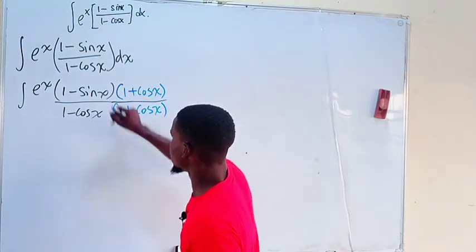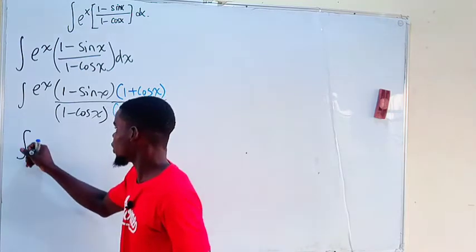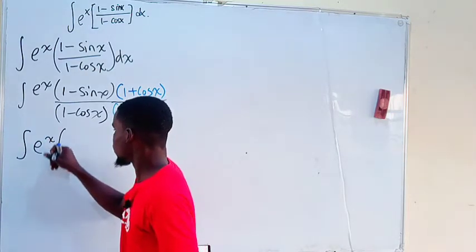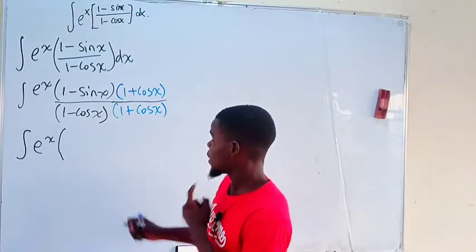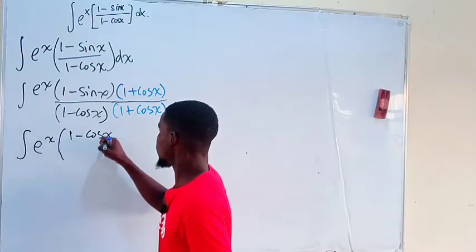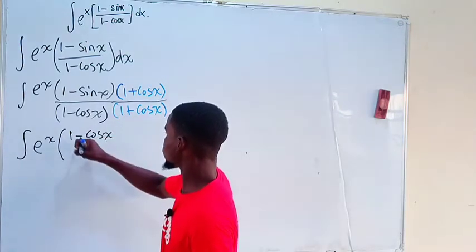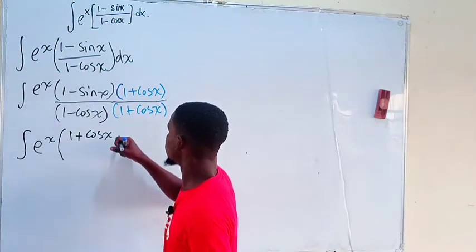Good. And then by doing that, this would become e to power x times, so we're just going to expand the numerator and denominator. This will be 1 minus cosine of x, plus cosine of x, right?